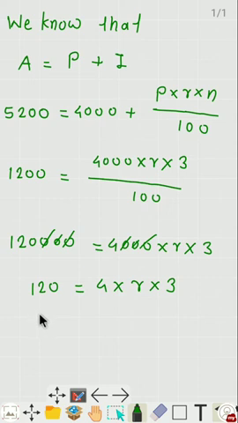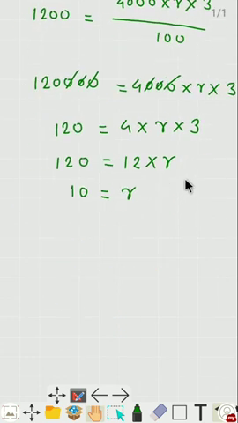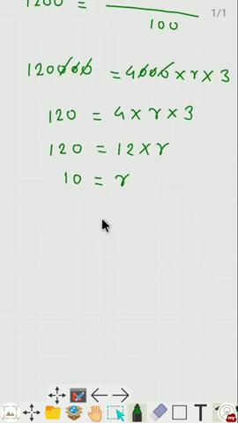That is 12 into R, so divide by 12 throughout, and we get 10 is equal to R. So this is our final answer. R is equal to 10% per annum.